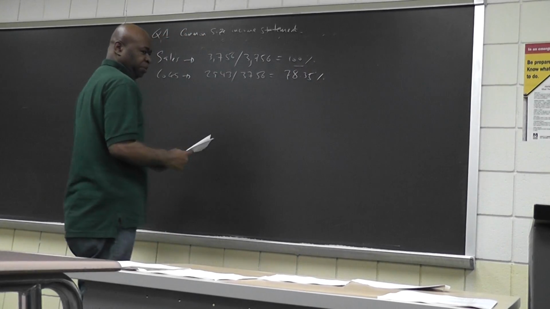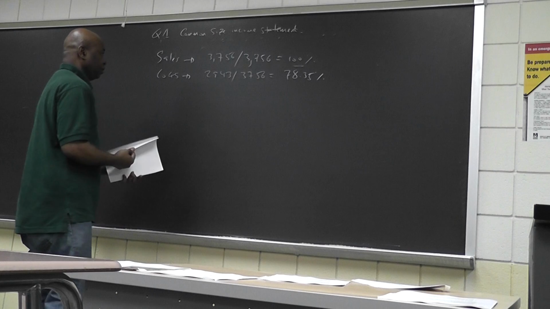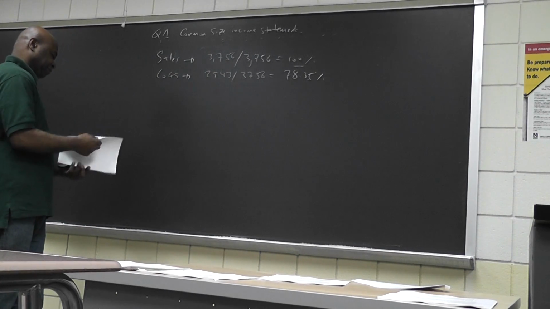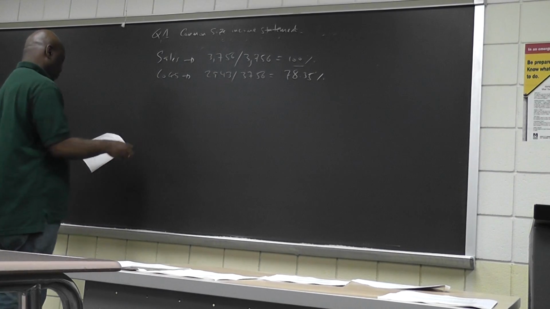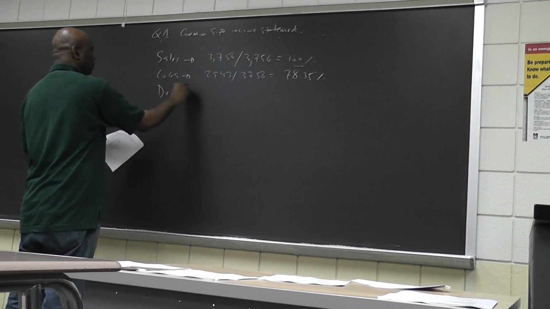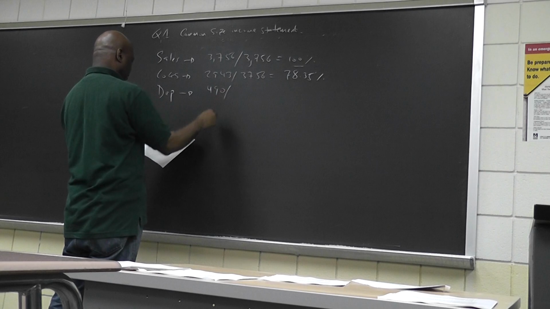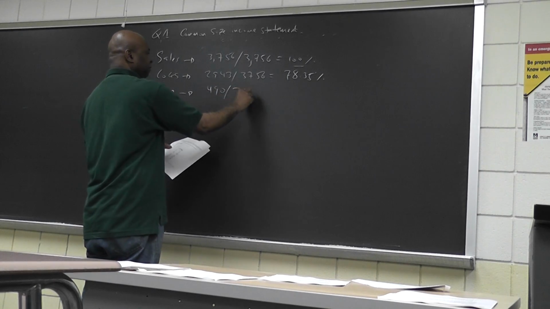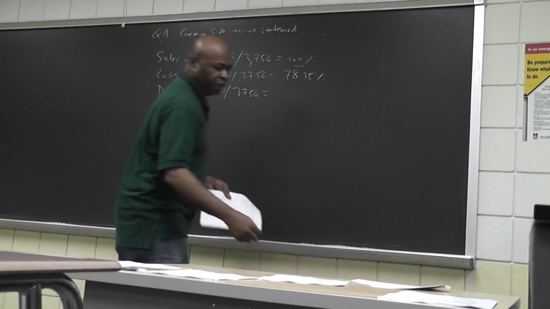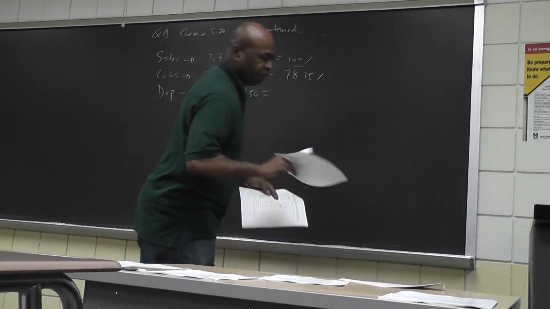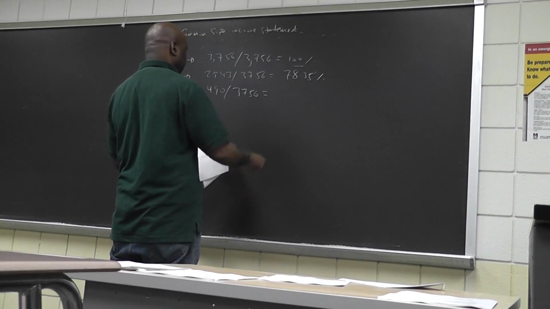And then you go to the next one, which is depreciation. Depreciation is 490 divided by 37.56. And then we get 13.05%.